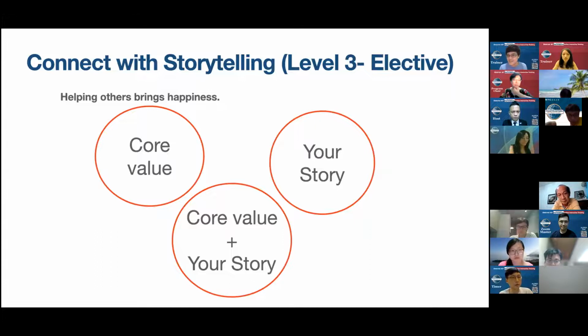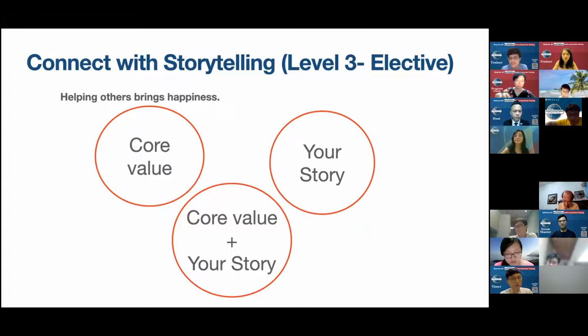Our parents, teachers, and books teach us about this. But do you buy it? Do you think helping others brings happiness? Yeah, maybe sometimes. Or sometimes helping others doesn't bring you happiness. So not really. So if I told you, hey, helping others brings happiness, you would say, okay, so what?